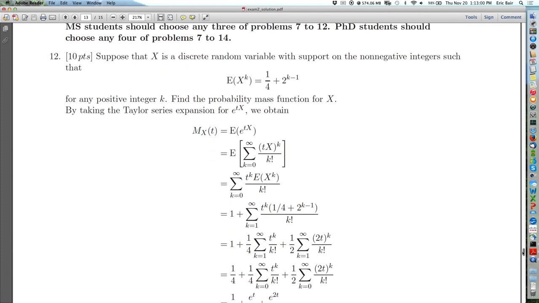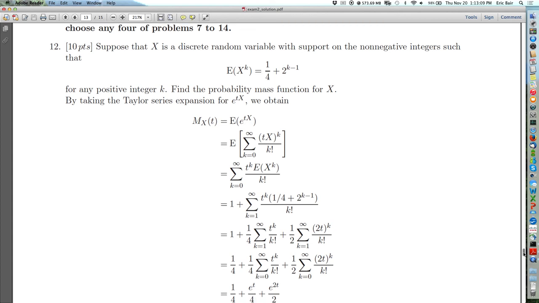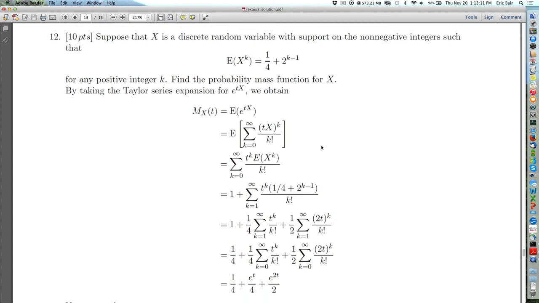Question 12 was another tricky one. A few people got this one, but it wasn't a huge number. The trick here was to take the Taylor expansion of the moment generating function, and then that would be the expected value of this sum of (tX) to the k over k factorial.